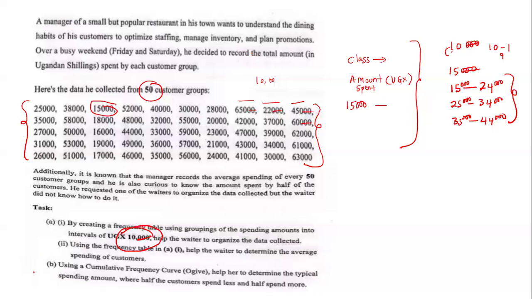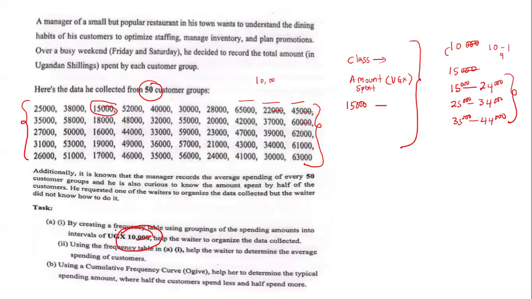Okay, now we are going to start our table. So allow me to come here. The first thing you need to tell us is which approach you are using. When you read the task, it told you to create a frequency distribution table. So here you say a frequency distribution table.